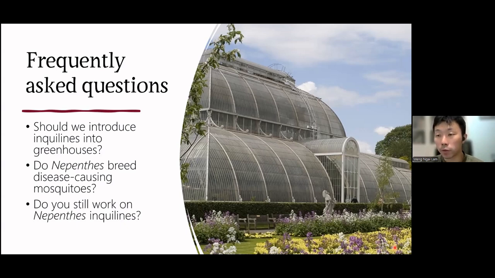They are capable of doing so, I'm sure, but generally it's quite hard for them. Some of the obligate inquiline mosquito species are probably blood-sucking species. I would not deny that, especially things like Armigeres, which are closely related to the Aedes species. They probably suck human blood. We don't know for sure, but as far as we know, they are not disease vector mosquitoes. None of the disease vector mosquitoes are reproducing in pitcher plants regularly.